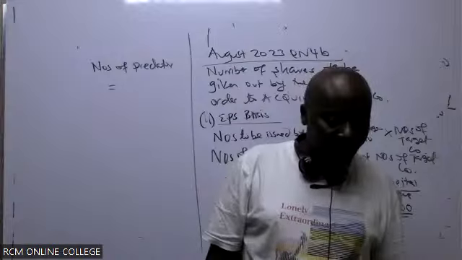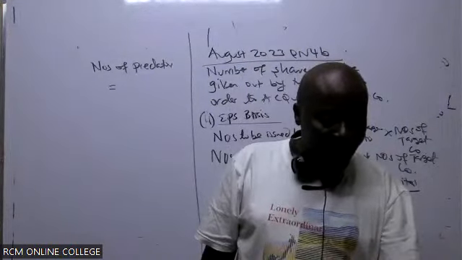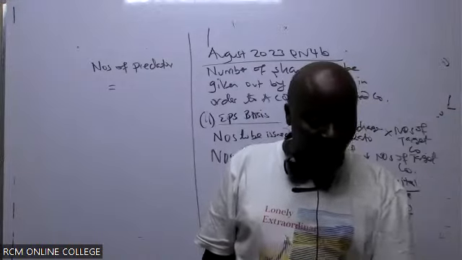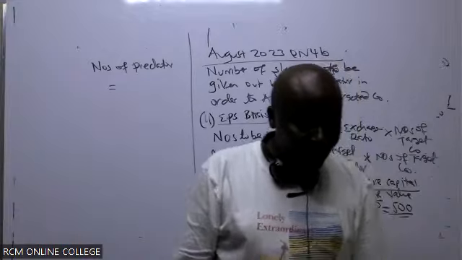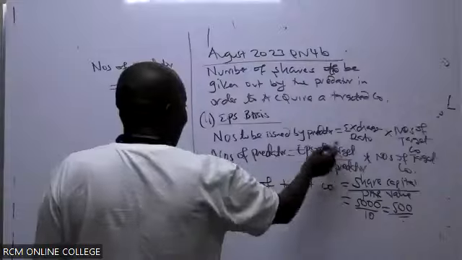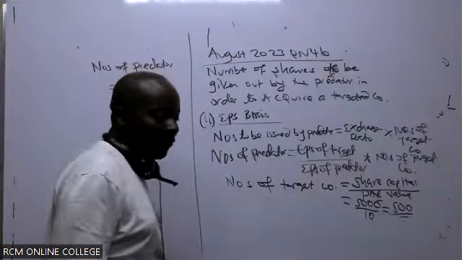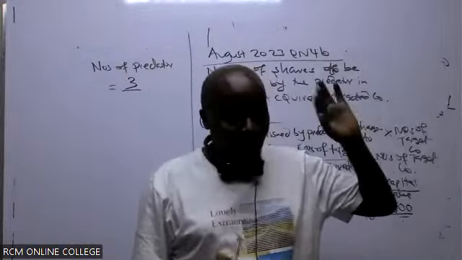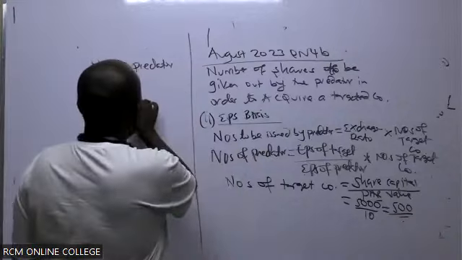Are you able to see the current EPS of Bero? Current EPS of Bero is how much? 3. Because I'm substituting your current EPS of the target, so 3 over the EPS of the predator from table number 2, which is 2.4.